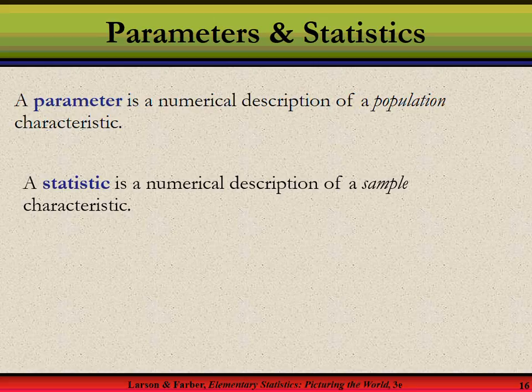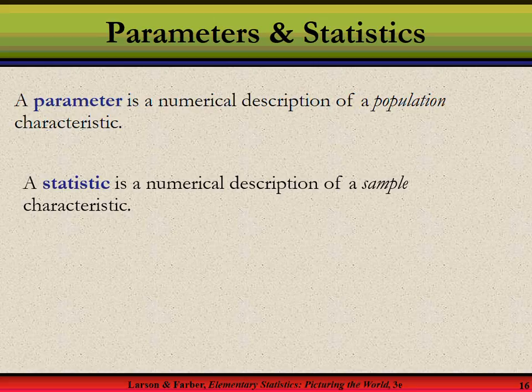All right, a parameter. The 3 words I would use for a parameter: numerical description of the population. So if you just wrote that down, it's some kind of number that describes the population. 42% of all U.S. citizens own a cell phone.